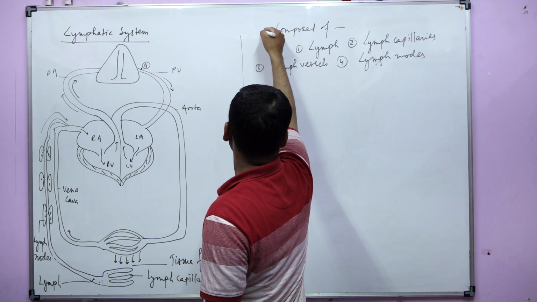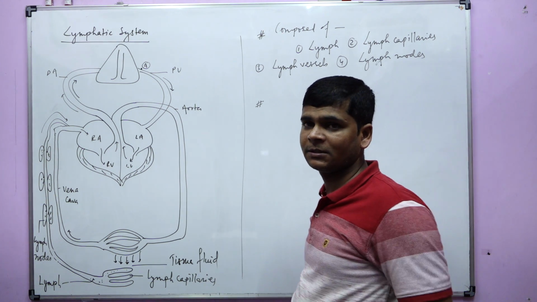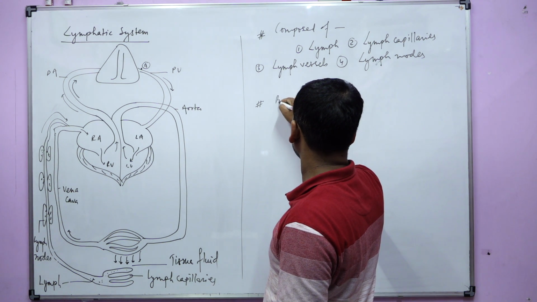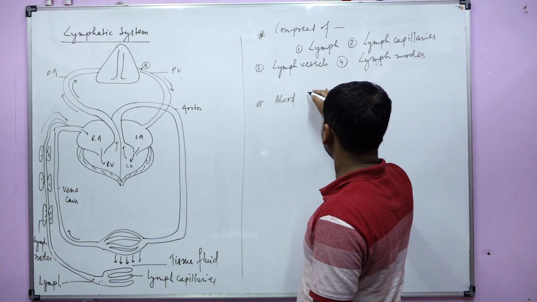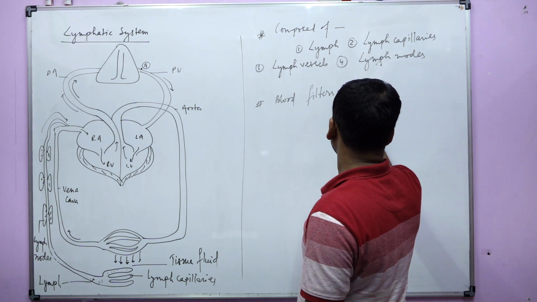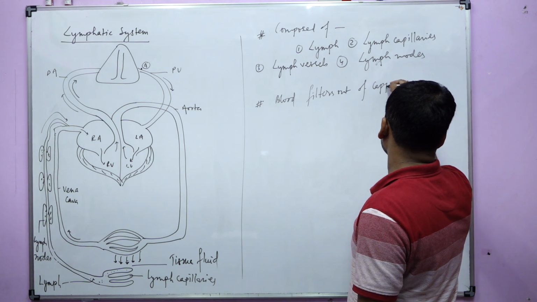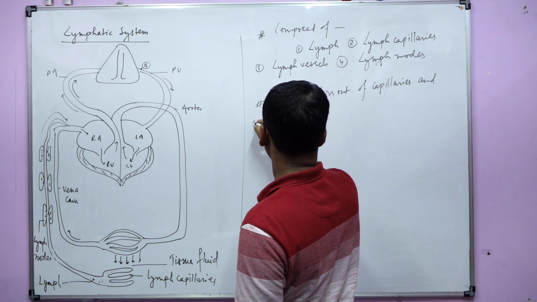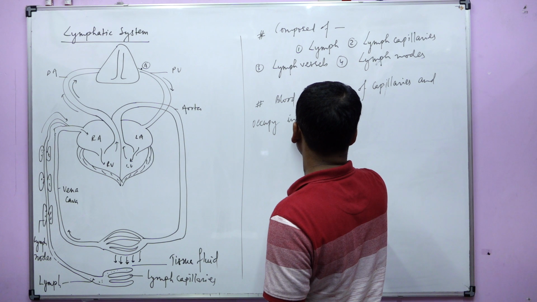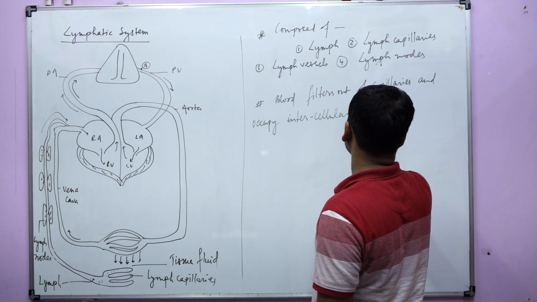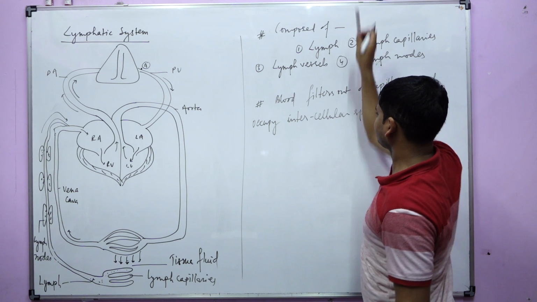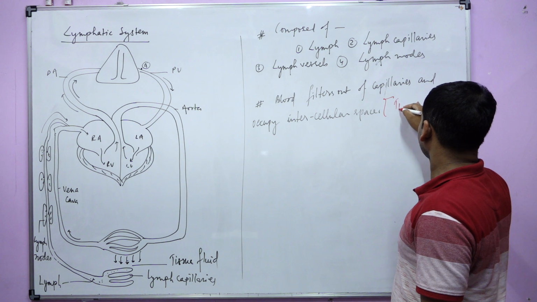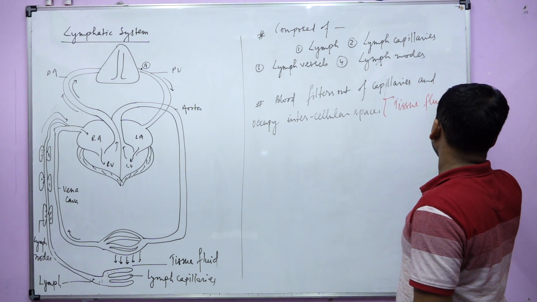Second thing that we have to understand about this, that is blood filters out of capillaries and occupies intercellular space, and now it is called tissue fluid.